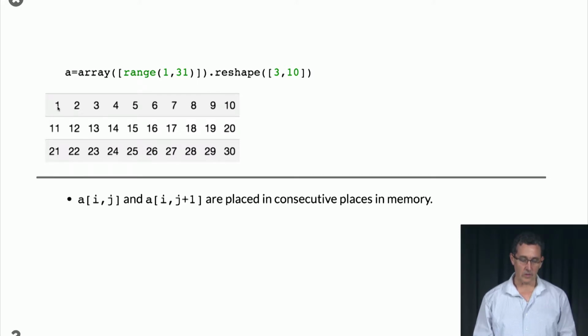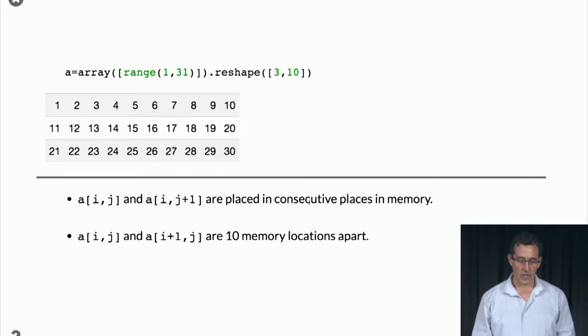In other words, if you look at locations a[i][j] and a[i][j+1], they are placed in consecutive places in memory, while a[i][j] and a[i+1][j], the next row, are 10 memory locations apart. In reality, you would think about this as maybe being 1,000 places apart in big arrays.